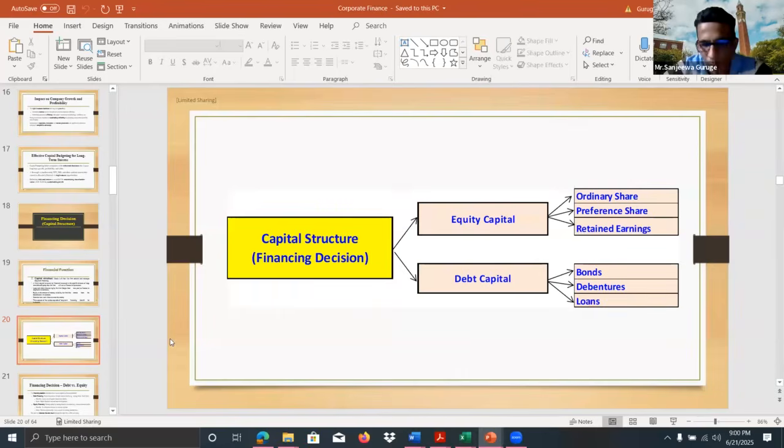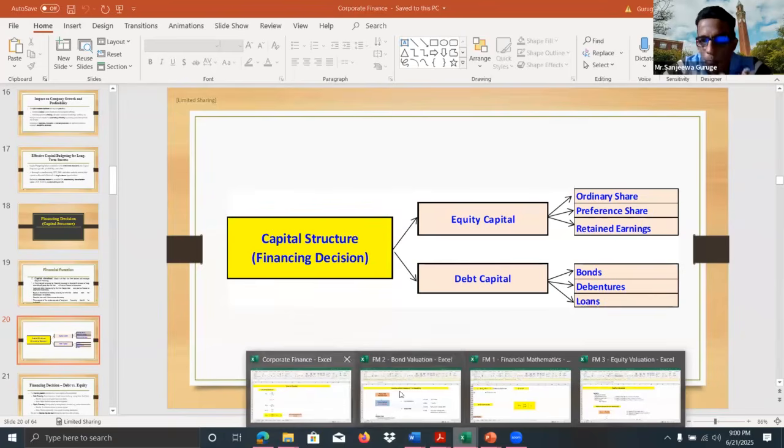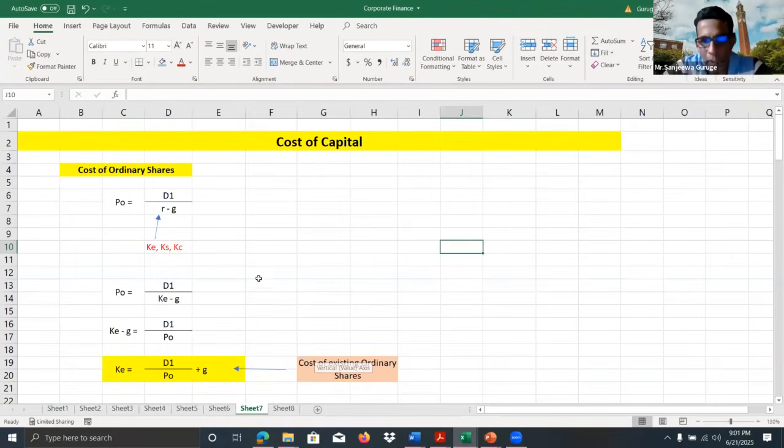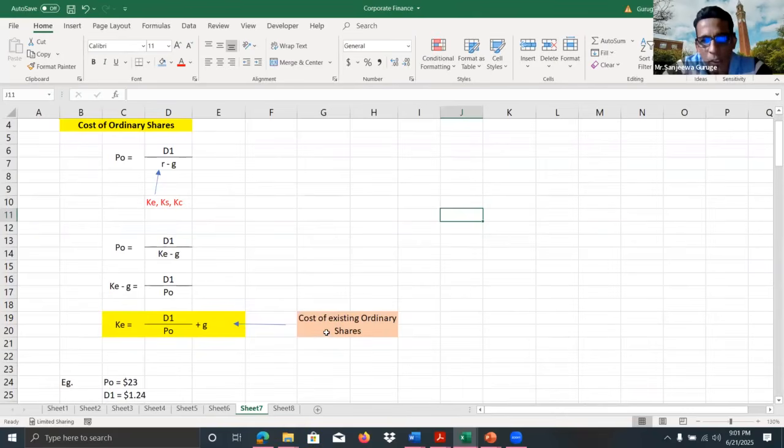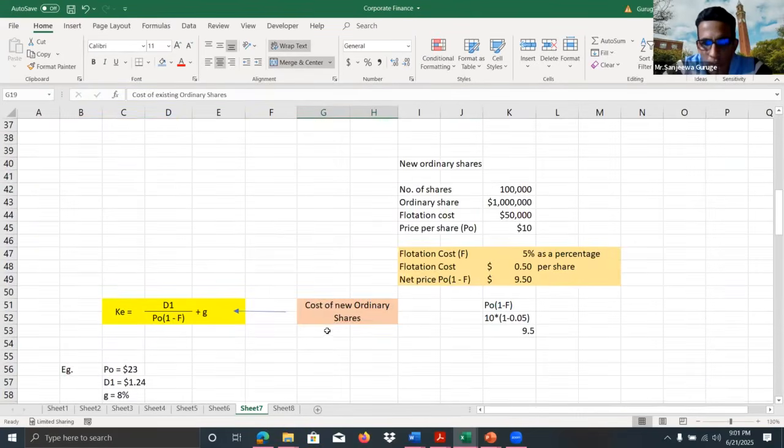Right? And to calculate the cost of ordinary share, we need to have a good understanding of the calculation of share price, and based on that, with simple rearrangement, we can calculate the cost of existing ordinary shares or the cost of new ordinary shares.